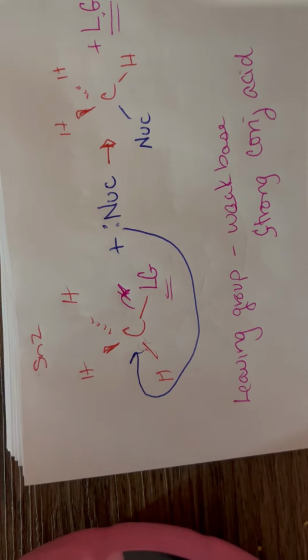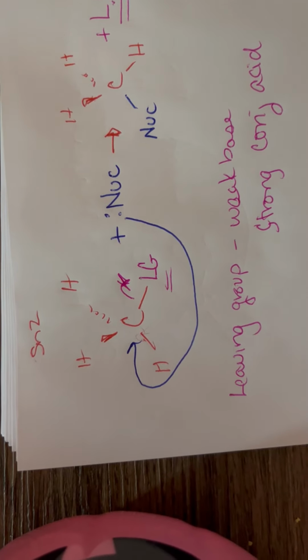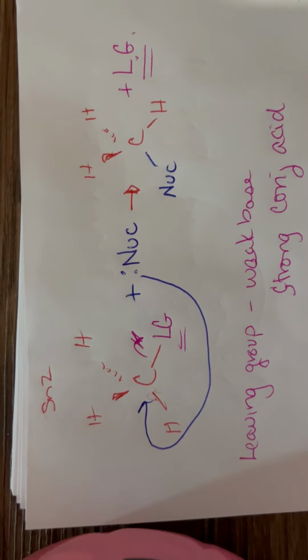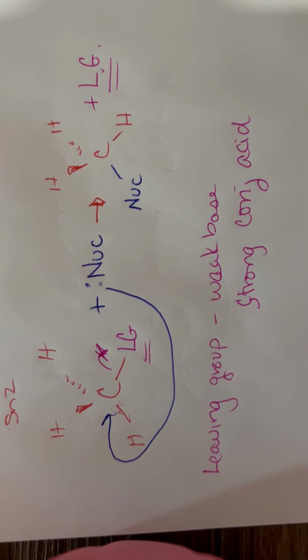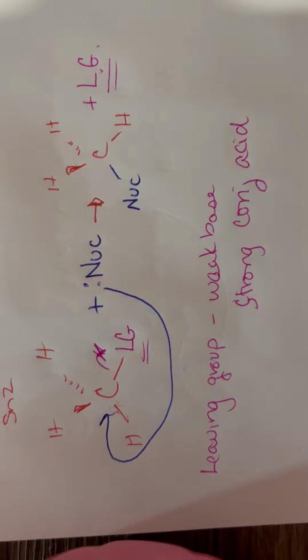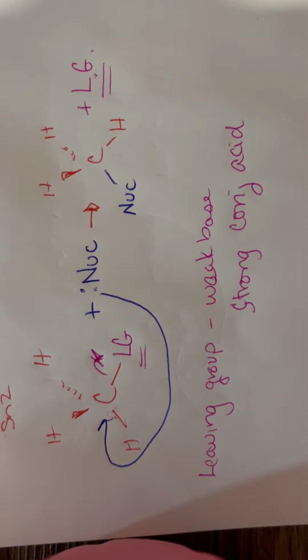Or it's a base from a strong conjugate acid, from a strong acid. Either way, they're saying the exact same thing. So let's look at 2 different species and see which one would be better for an SN2 reaction.